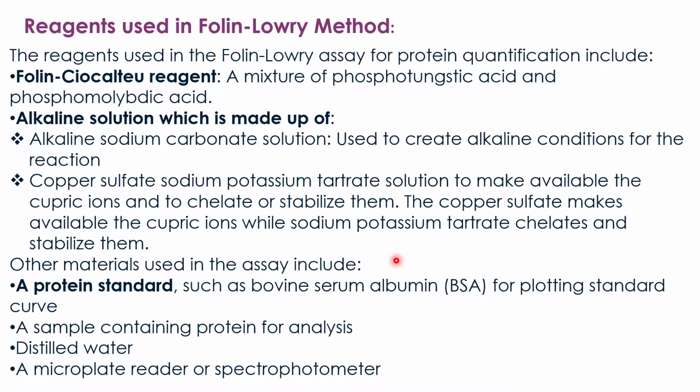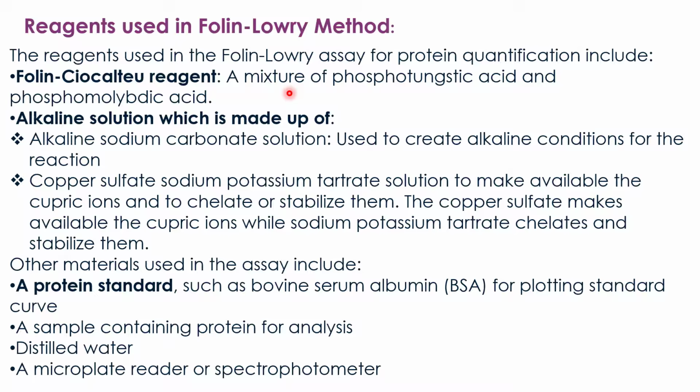Now let's look at the reagents used in the Folin-Lowry method. The reagents used in the Folin-Lowry assay for protein quantification include the Folin-Ciocalteu reagent and the alkaline solution. The Folin-Ciocalteu reagent is basically a mixture of phosphotungstic acid and phosphomolybdic acid.